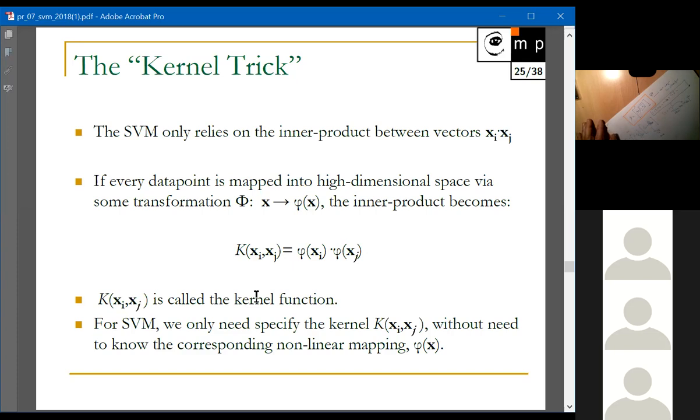We will not build a D like that. We'll build the D differently. We'll build it based on kernel xi, xj, and we can do that even if we did not know what the embedding of x that leads to this kernel is.